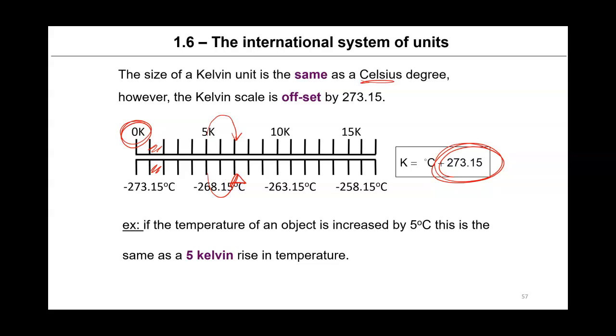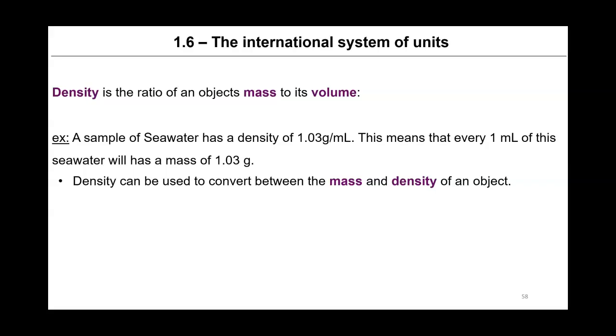If the temperature of an object is increased by 5 degrees Celsius, then it's also going to increase by 5 Kelvin. So the only difference between these is the 0 point, and we just shift between one and the other by adding or subtracting 273.